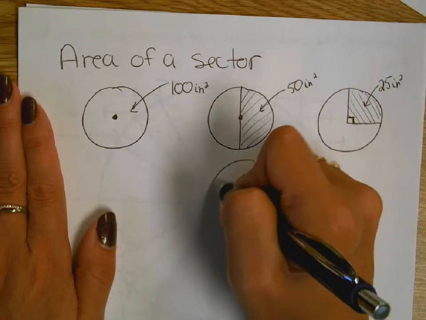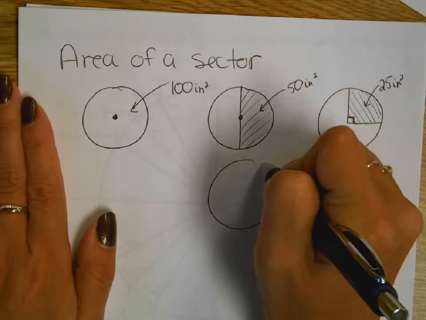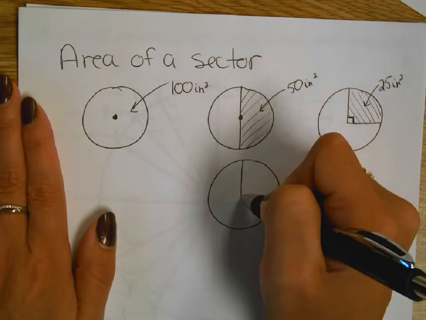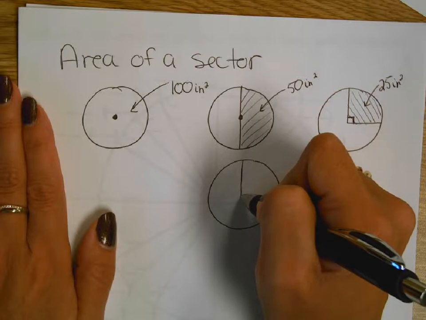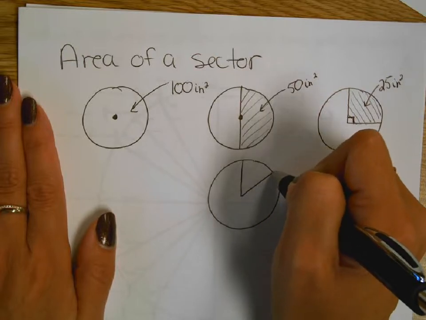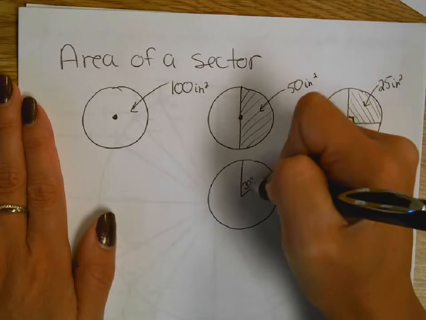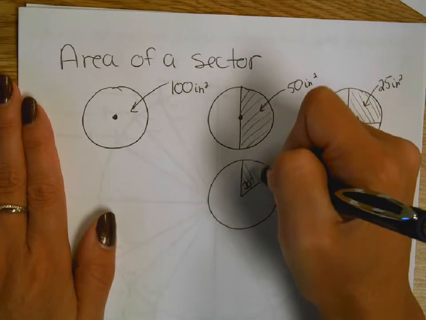If I was to take a more normal piece of pie, like 30 degrees, how big would the piece of pie be?